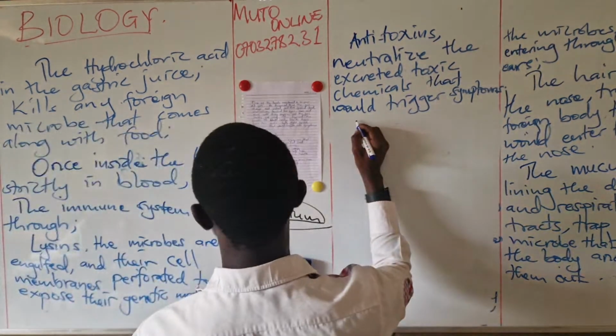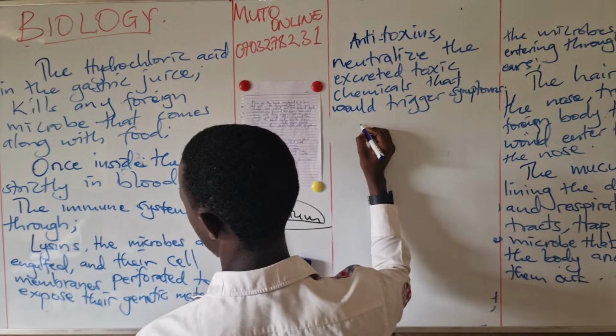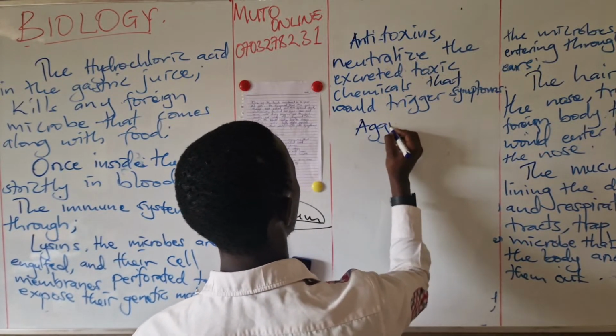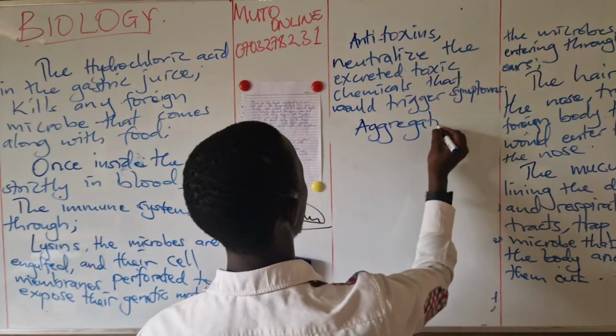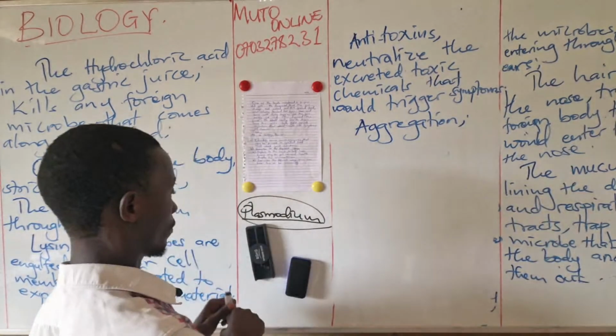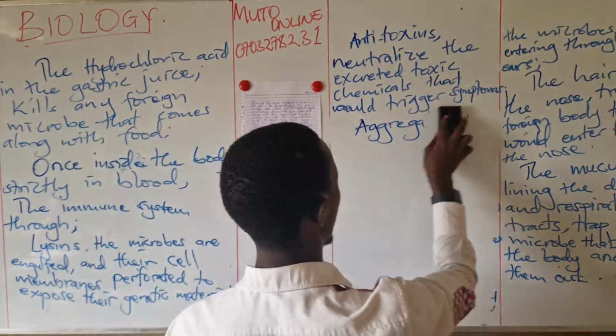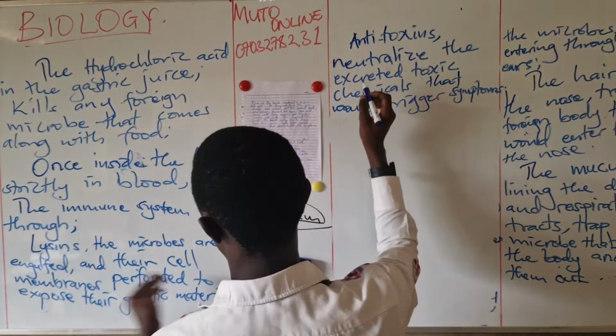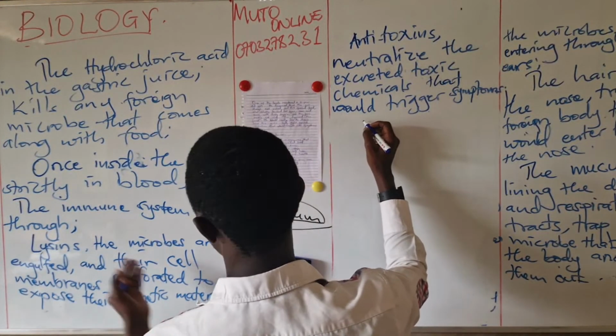There is agglutination. So let's call them agglutinins, because we are talking about white blood cells.